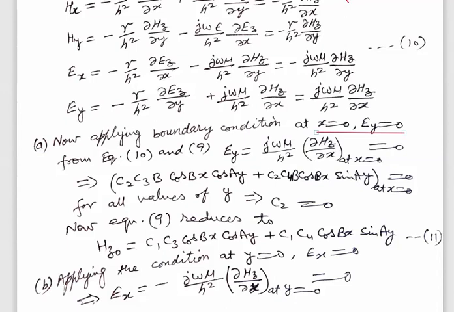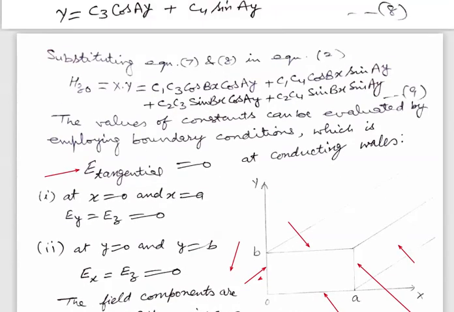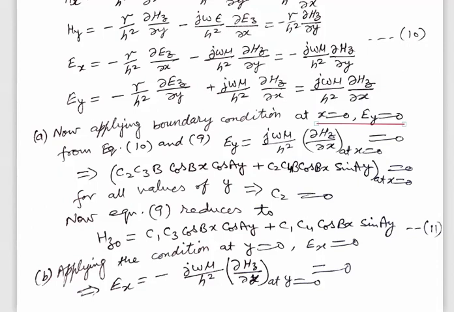Since we have earlier obtained the expression for Hz0 as shown in equation number 9, to apply this first boundary condition, the equation for Ey now becomes j omega mu upon h square and the partial derivative of Hz with respect to x at x equal to 0. This will give us the value of Ey equal to 0.